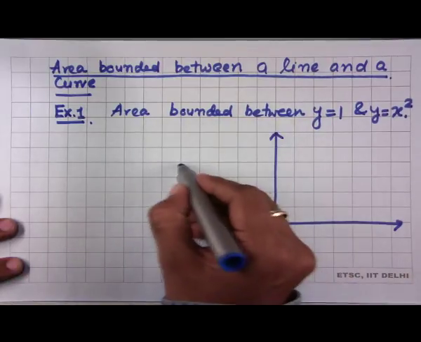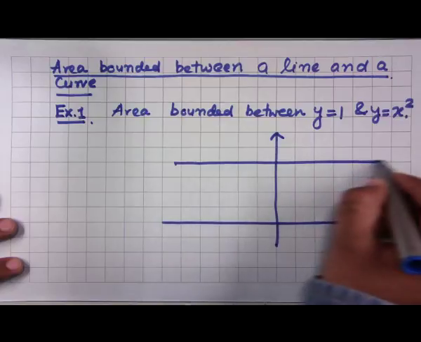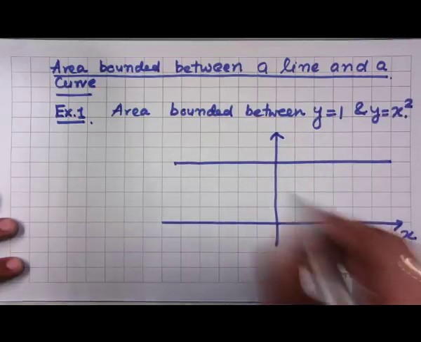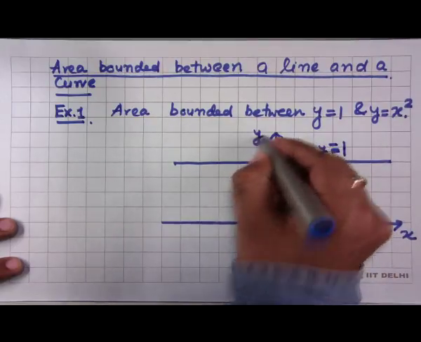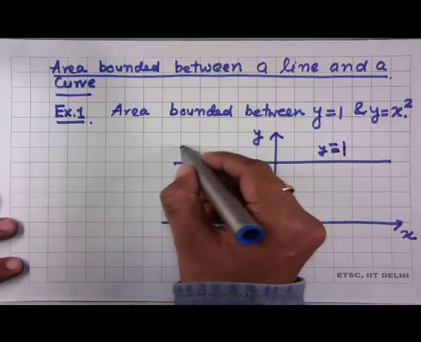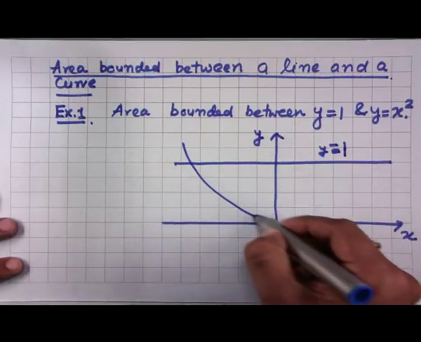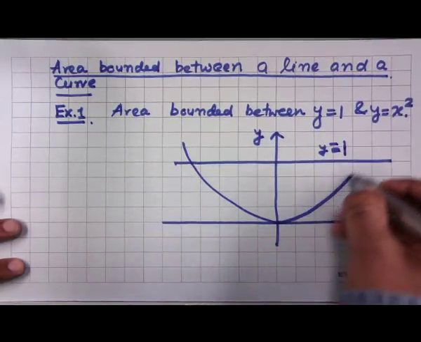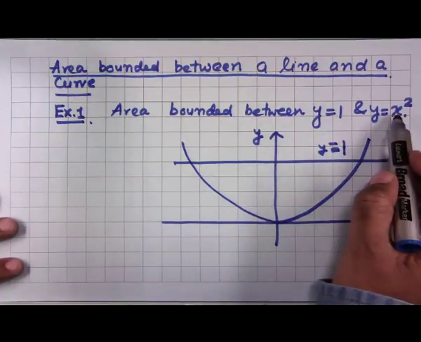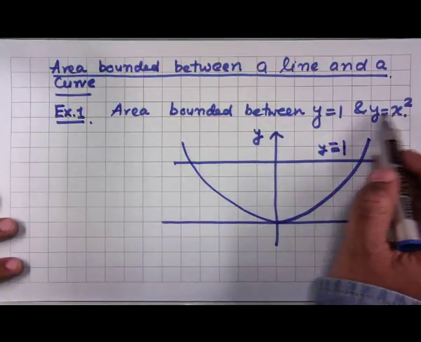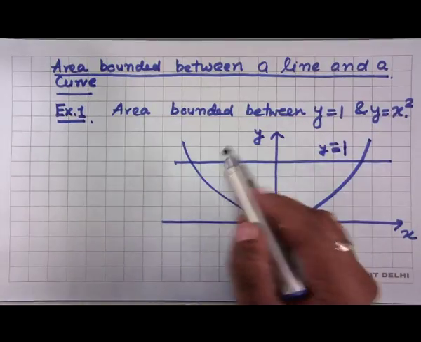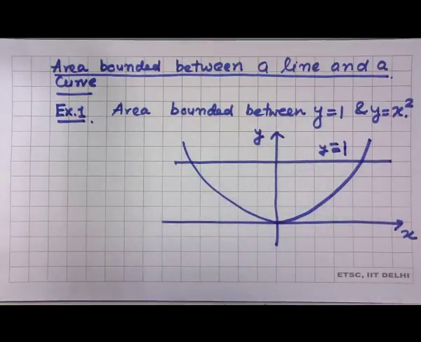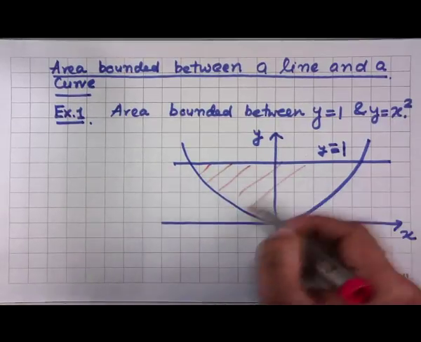So y equals 1 is a horizontal line parallel to x axis, and y equals x square is a parabola whose vertex is 0 0 and axis is y axis. So, required area is this.